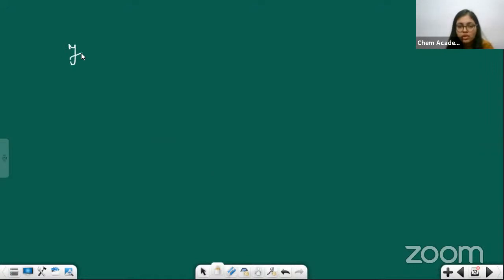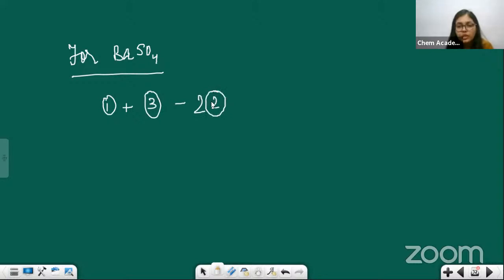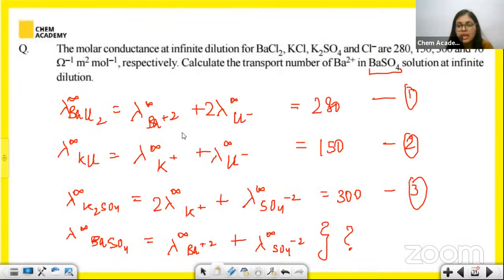So for BaSO4, we will take equation 1 plus equation 3 minus twice of equation 2. Equation 1 for Ba, equation 3 we will add for SO4, and we will subtract twice of equation 2 to get rid of the K plus and Cl minus, because that is not required in BaSO4.